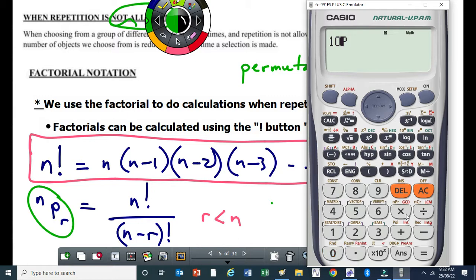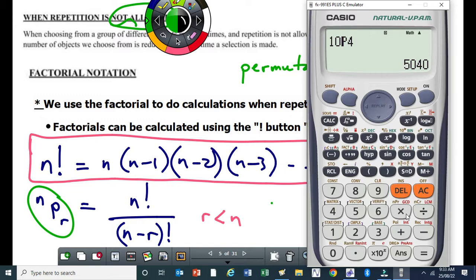Those 10 would be the number of objects, but out of the 10, I might need only a specific number which is less than 10. So it would be 10 choose 4, like this. What this means is, we have got 10 objects, but among the 10, we just want 4. So if you press equals, it gives you an answer.